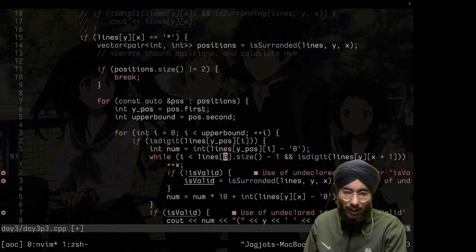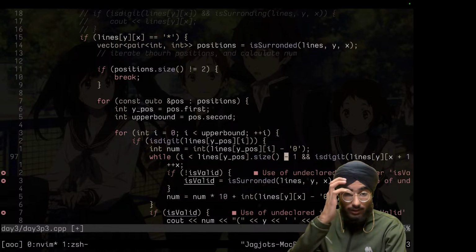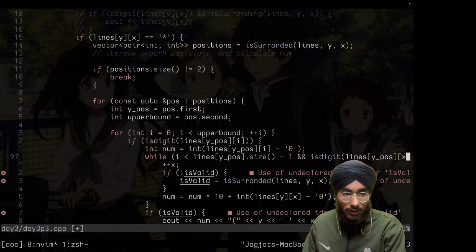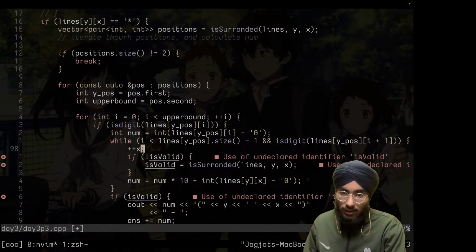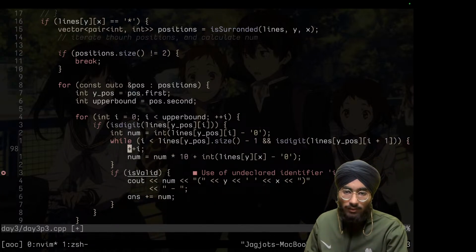I, well, less than lines 0 dot size, y position dot size should be great, and digits y position I plus 1, okay, and is digit I plus plus, and if it is not valid, we don't need valid.